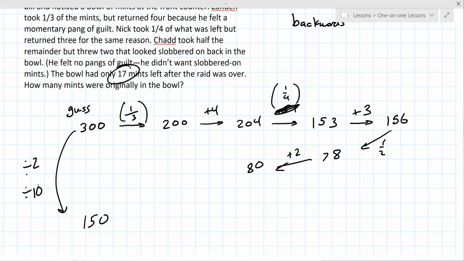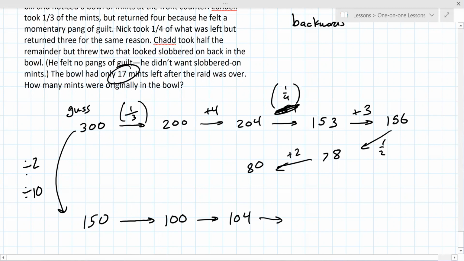Okay, so the first guy takes 1/3 of the mints. That's 50. So there's 100 left over. Then what? It says he adds 4, so you're back to 104. 1/4 of them are taken. So that's 26 this time. All right, so that means there's 78.